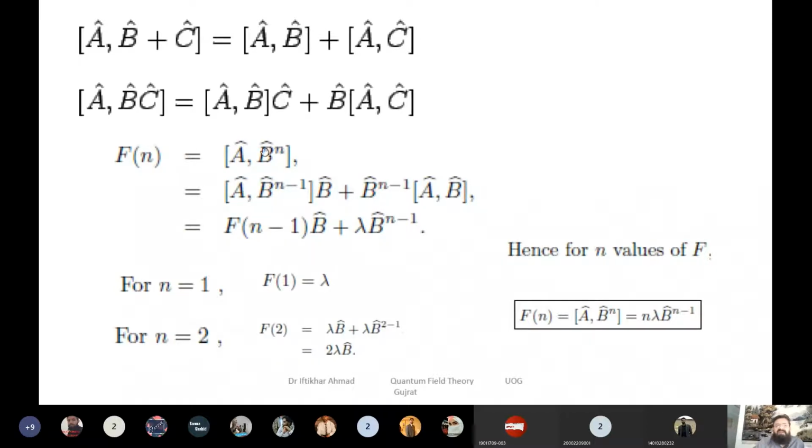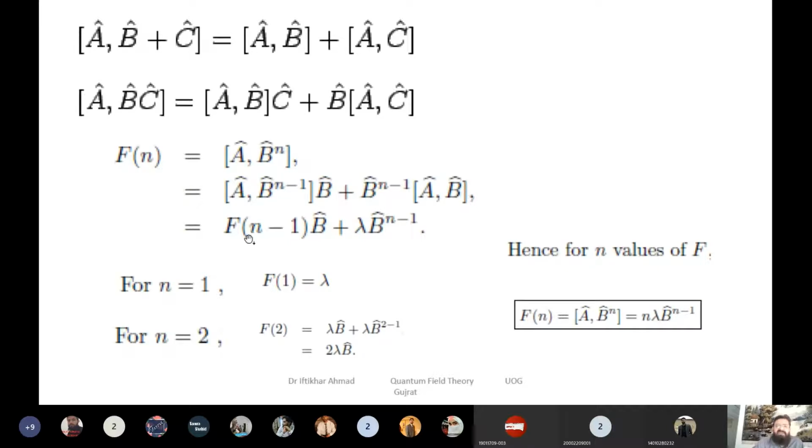Again you can put it here, f1 is equal to a b raised to power 1, which means AB, and given that AB is equal to lambda, you can also get the value of f1 from this expression. Now if you put n equal to 2, you get 2 minus 1, f1 into B operator, and then lambda into B, because 2 minus 1 equal to 1.